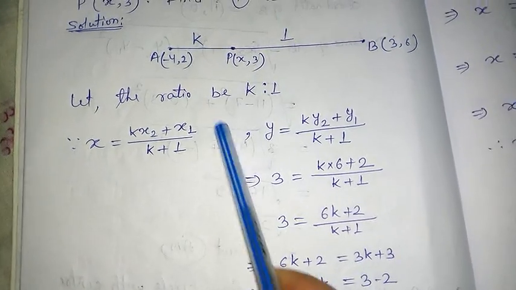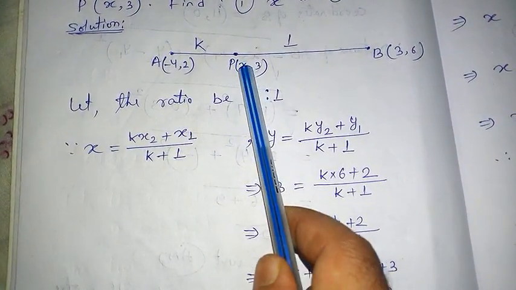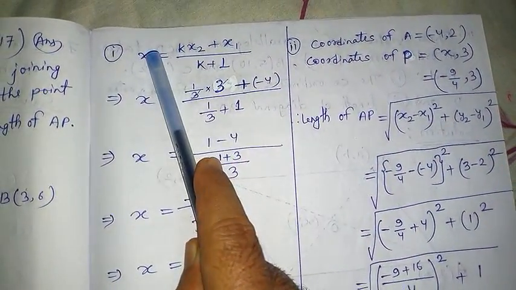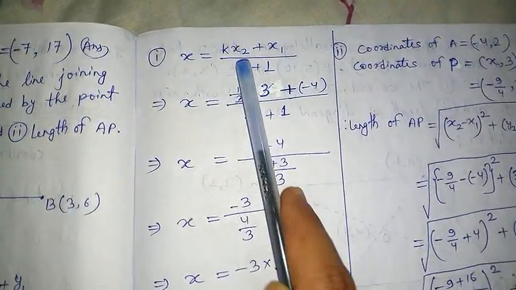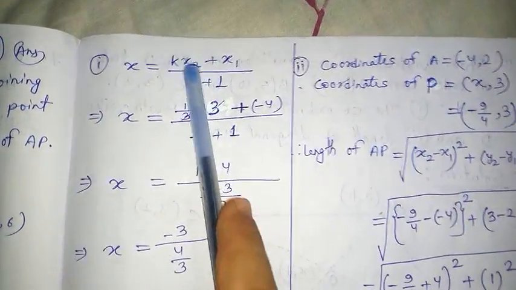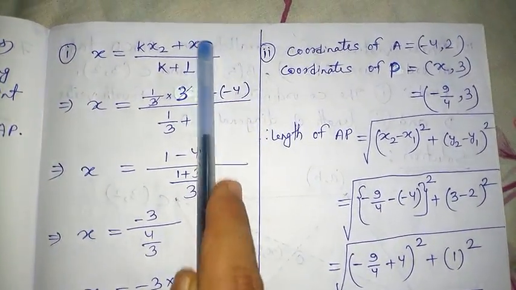Now we can use the same formula. Now k is known and x will be known. Actually x is x only, so I wrote x as x only, and the k value we just got is 1 by 3. Don't use the other value, use this k value. k is 1 by 3 and x2 is 3, plus x1 is minus 4.